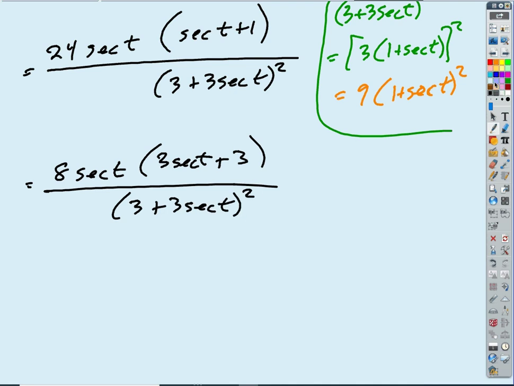Then that cancels with one of those, right? And so we end up with 8 secant t over 1 plus secant t. Okay, so we get something pretty concise, but that's a lot of work.